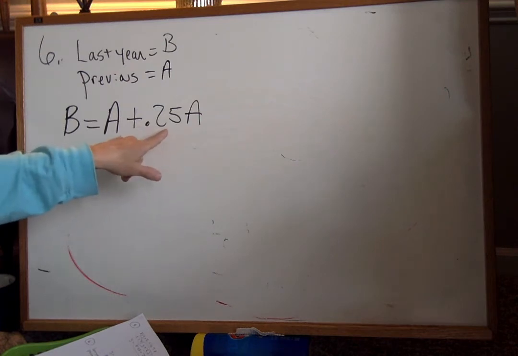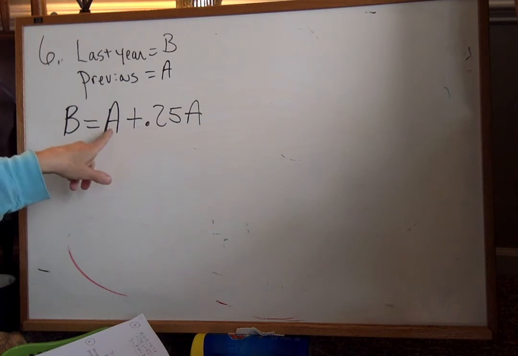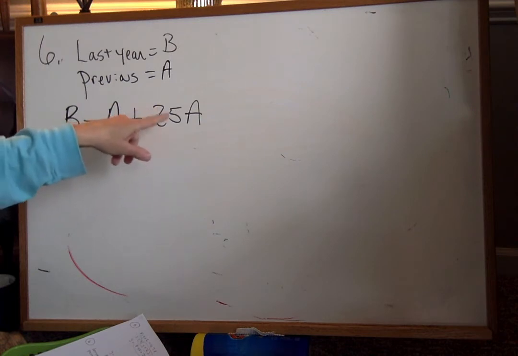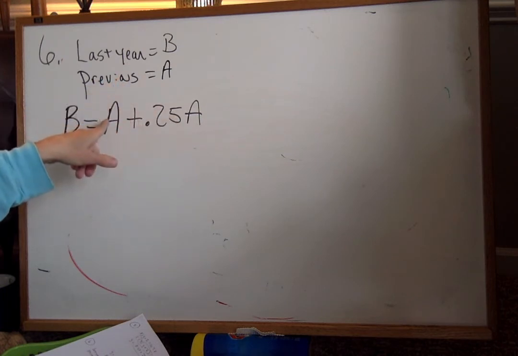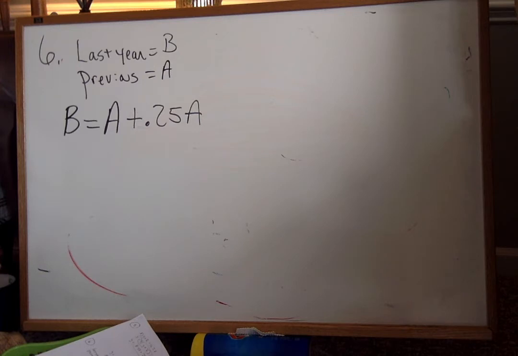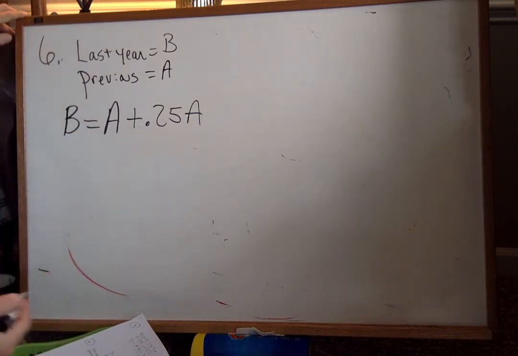So this is really important because you're going to see this come up on a few other videos. This is growth. Let's just say I made $100. Well, then I made an extra 25 on top of the 100, which would have been a total of $125. So this is not that different from my tax on my shopping problems we did the other day.